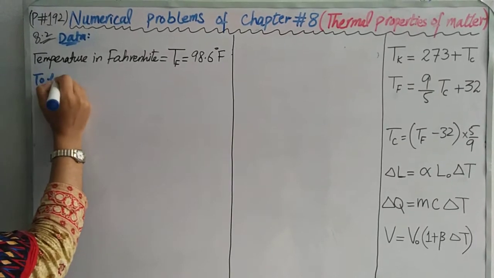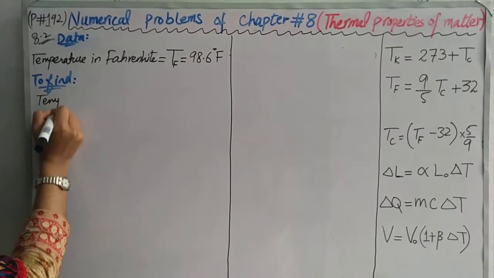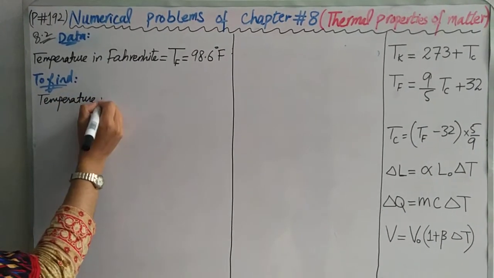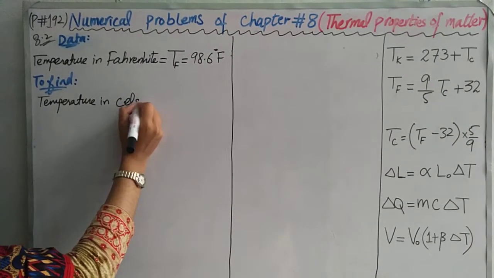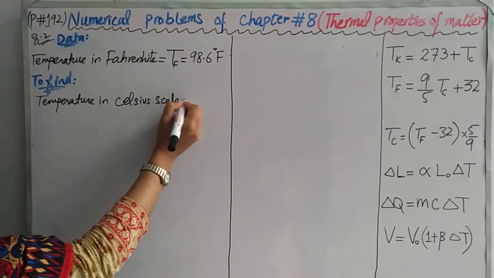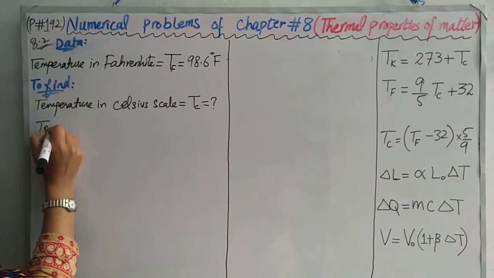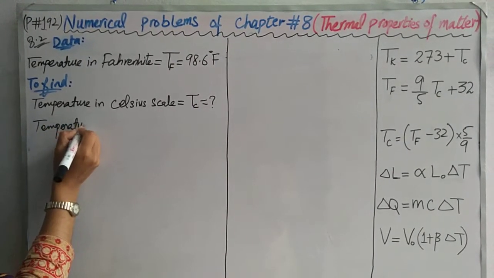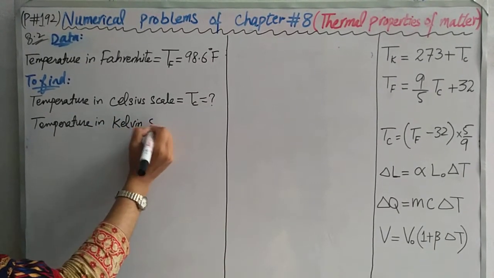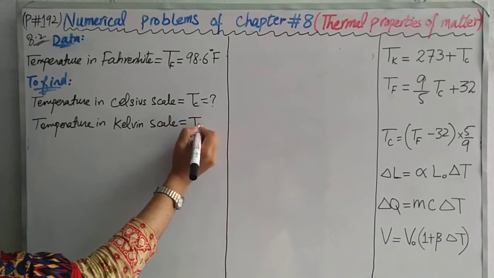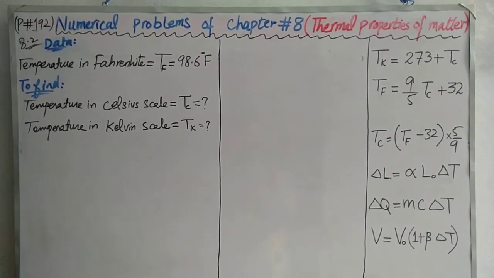We have to find out two things here, that is temperature in centigrade, your Celsius scale, represented by Tc, and temperature in Kelvin scale, represented by Tk. Okay, now let's start our solution.